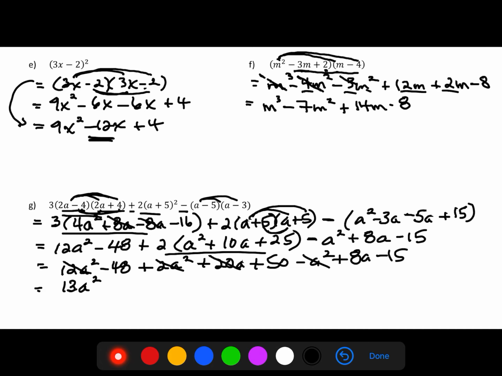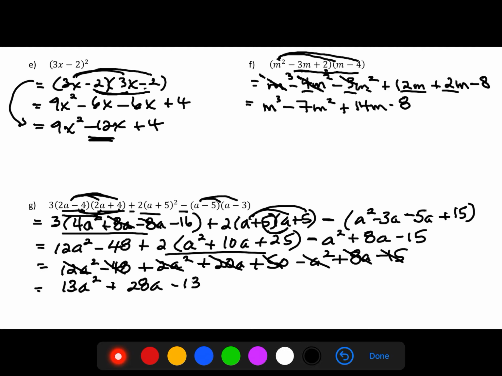Looking at our a terms, 20a plus 8a means we have 28a. And our numeric terms, negative 48 plus 50 is 2 minus 15 gives us minus 13.